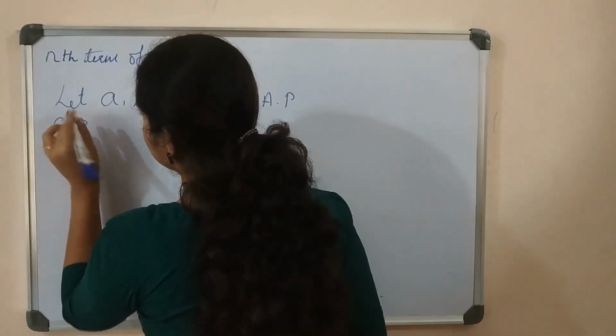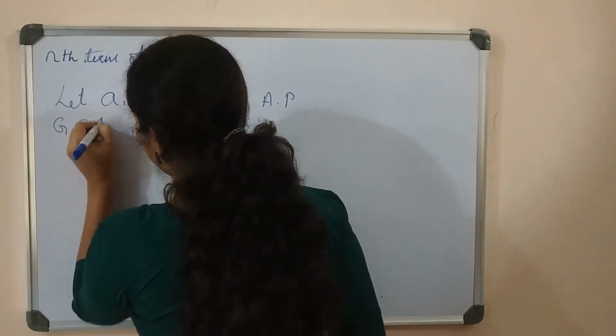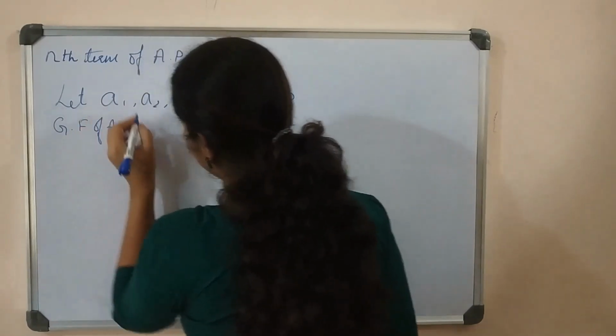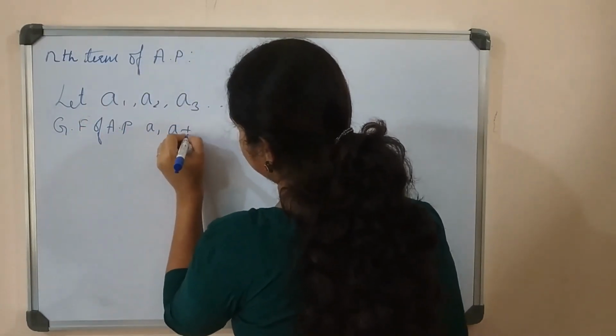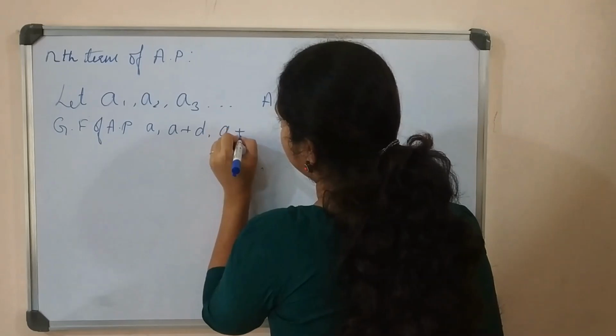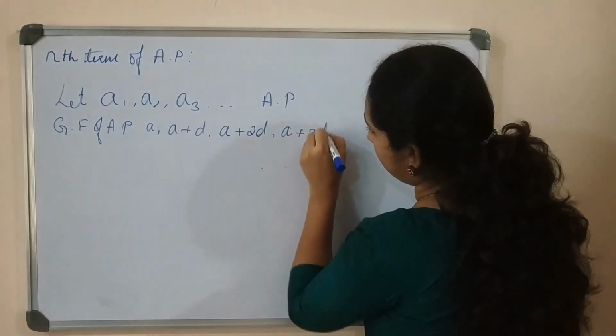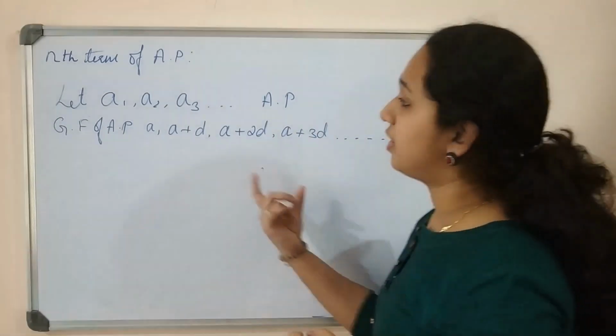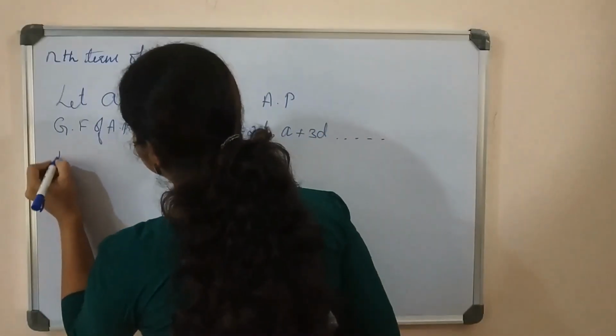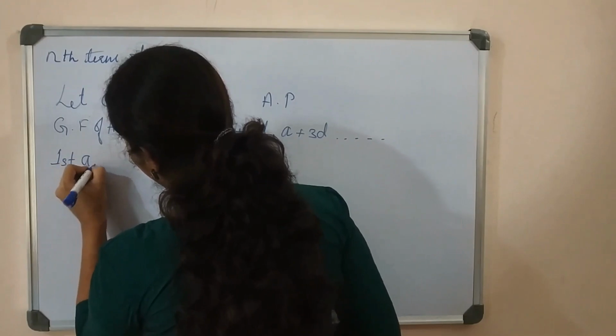So now the general form of AP is A, A plus D, A plus 2D, A plus 3D, and so on. Correct. Now here the first term is A.